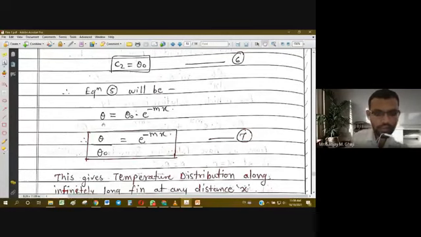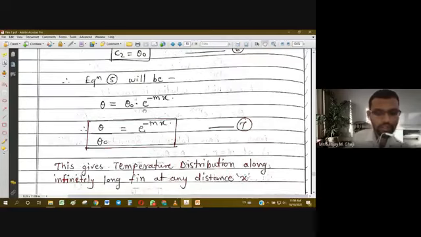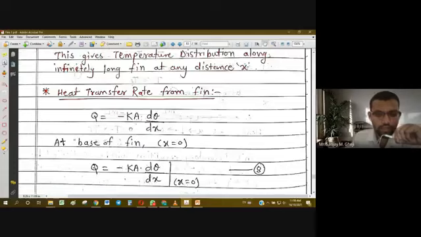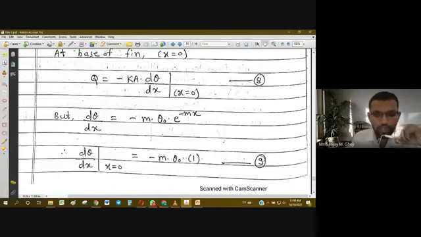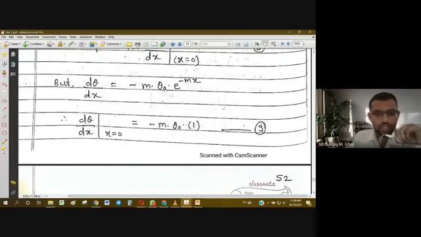You take the derivative of this, d theta by dx. On the right hand side, theta 0 is constant. So for the differentiation of e raised to minus mx, as you know, this constant will come as a coefficient, minus m into e raised to minus mx. Okay, so minus m into theta 0 into e raised to minus mx.